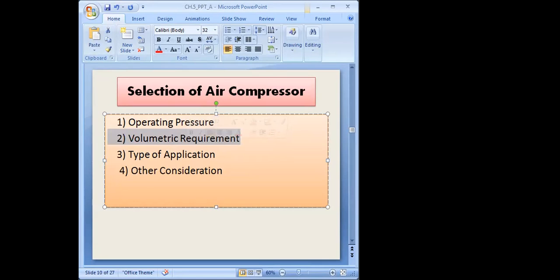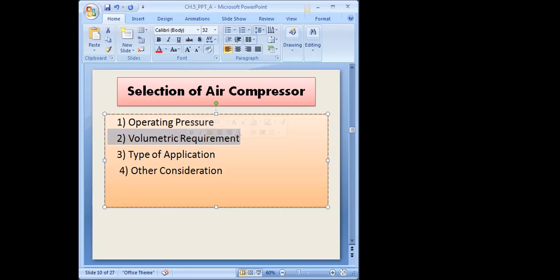It is always preferred to select a compressor with a higher volumetric capacity than the exact requirement now. Suppose you have selected a 50% capacity compressor because you have only a 50% requirement now, but in future if you want to expand your plant, your requirement will also increase.